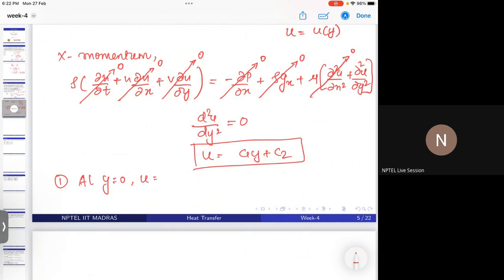The bottom plate is stationary, so at y is equal to 0, to satisfy the no slip condition, what should be the u?